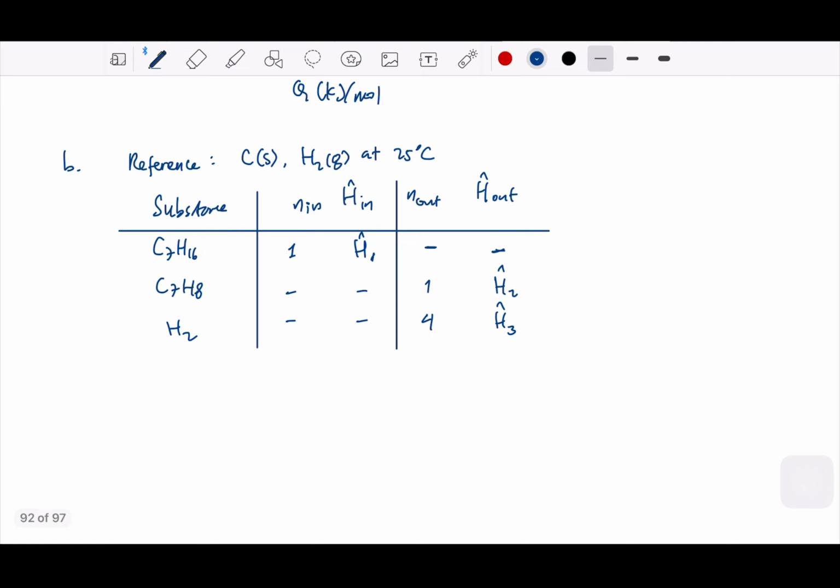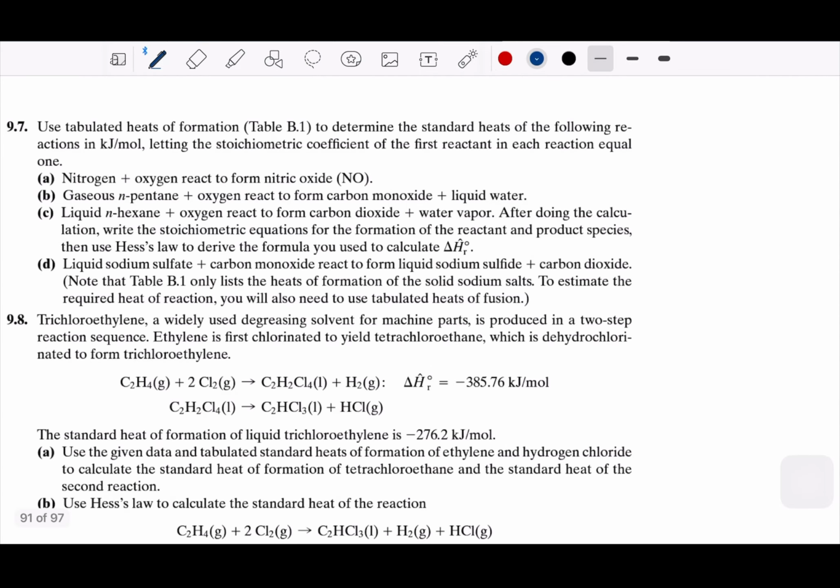And we are going to evaluate H1. How do we calculate it? First, we need to know the standard heat of formation of this heptane, and then because our reference is at 25, we need to increase until 400 and use the CP. And remember, the CP we already have, right?